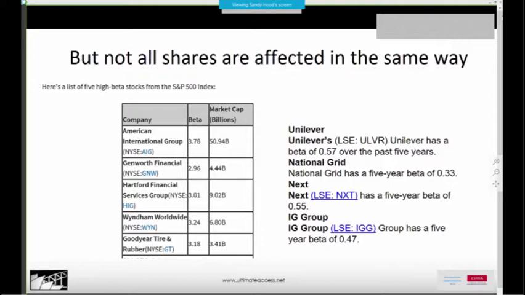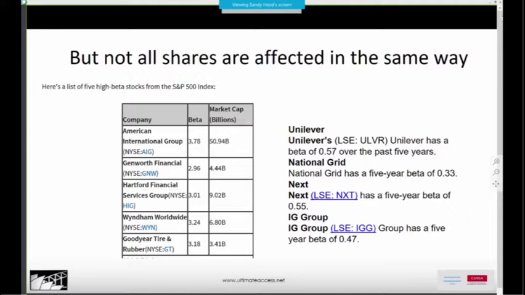Now, here I've listed some that I managed to find on the internet when I was preparing the class, and we've got a list here of some of the companies that have got very high betas and some of the companies that have got very low betas. And basically, a company with a high beta is more volatile, so it's going to have a greater responsiveness than the market as a whole.